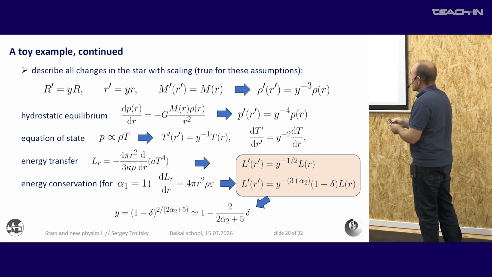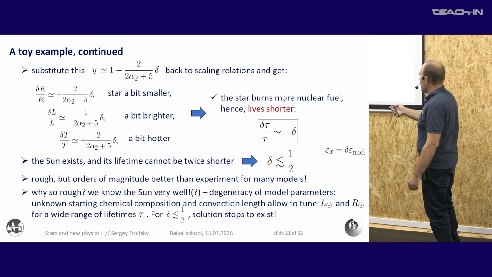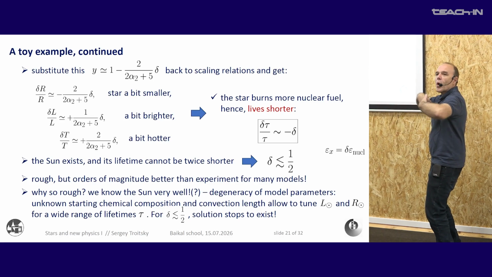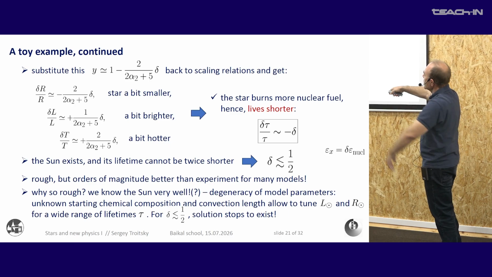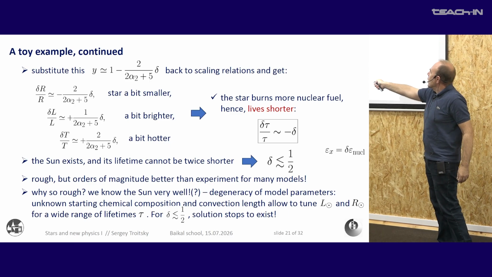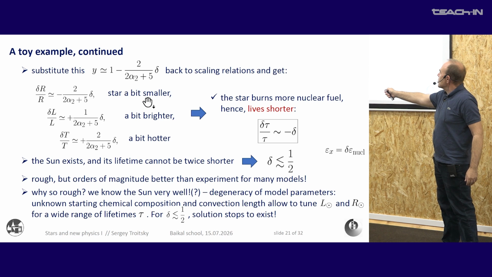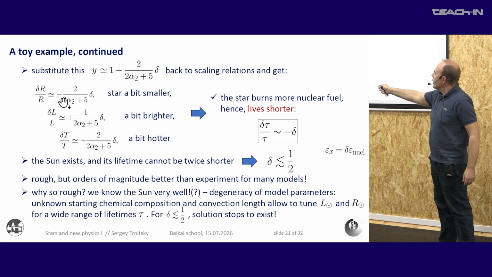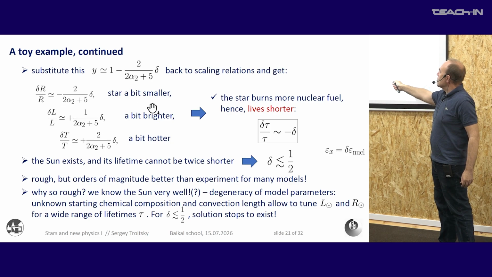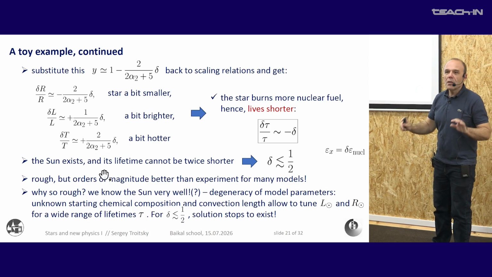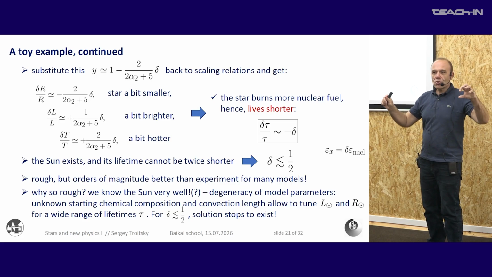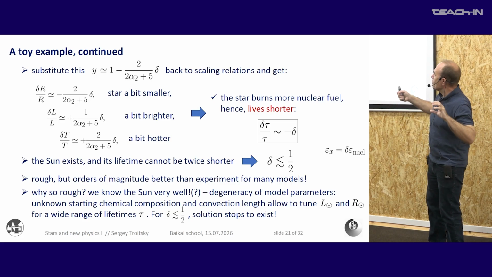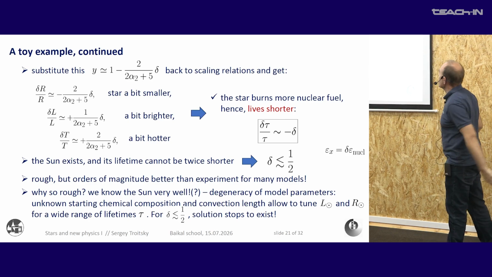It is smaller than 1, which means that when I substitute this y back into my scaling relations, we see that the star becomes a bit smaller, a bit brighter, a bit hotter. The virtual star is a bit smaller, brighter, and hotter than the real star.